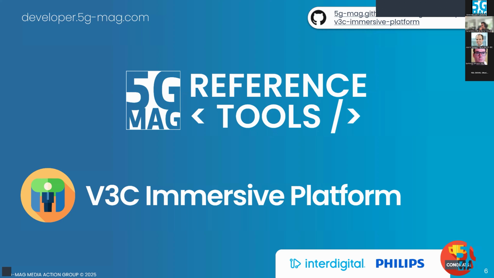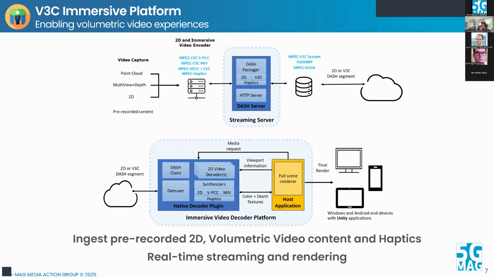In 5G Mac, we have this V3C immersive platform, contributed at first by InterDigital and Philips, and we hope that other organizations can also participate in its development. It consists of a decoder platform, which also integrates with Dash.